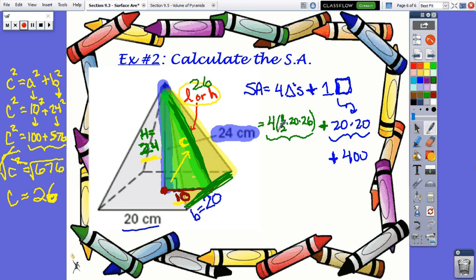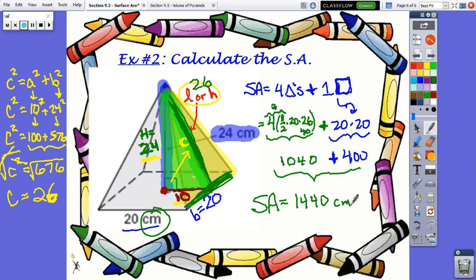This one's a little bit more mental math. 2 times 20 is 40. And then 40 times 26 is, let's see, 1040. Then add 400 onto that, which gives us a full surface area of 1440. And if I want to put units, my units are centimeters, and this is always going to be in squared units. So 1440 centimeters squared.